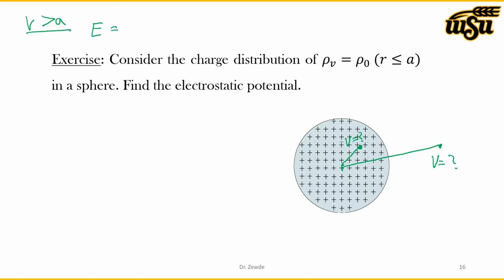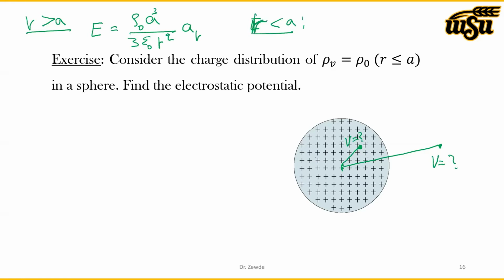E is given as rho naught A cubed over 3 epsilon naught R squared. This is the electric field vector, and it's pointing along the radial direction a_R.